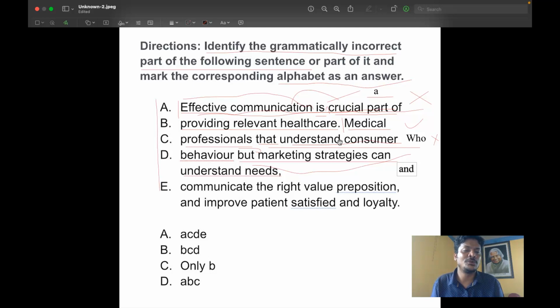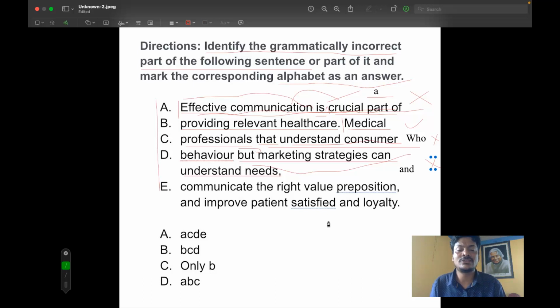So and should be in place of but. You find another error in the sentence, so it would be A, C, D, right?